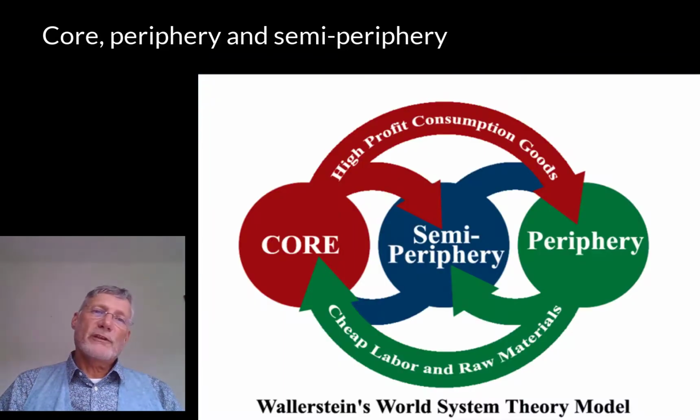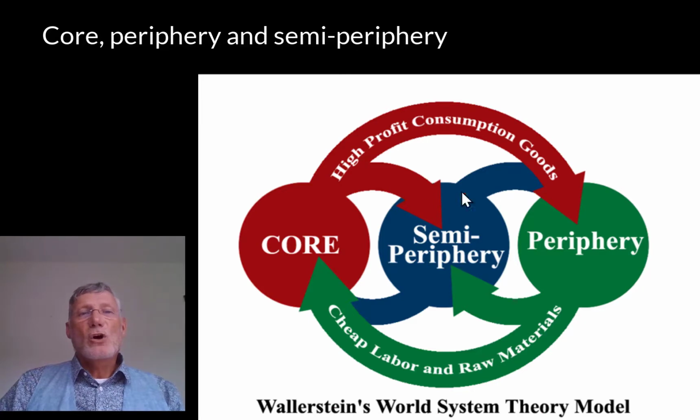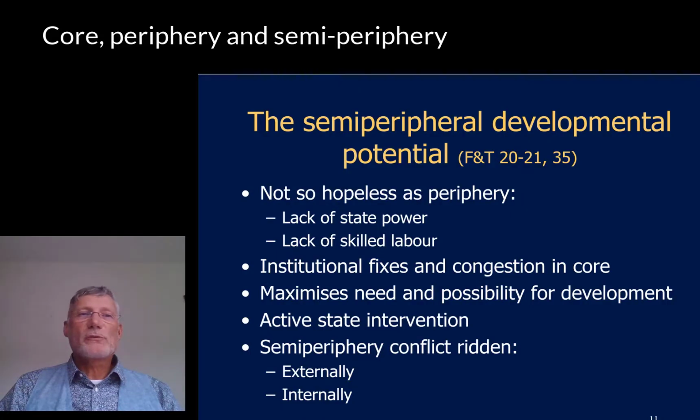So this figure also shows the core and the periphery, with the semi-periphery in between, which is a mixture of relations with the core and the periphery. The semi-periphery is the periphery to the core, but the semi-periphery is like a core to a large part of the periphery. So to summarize, you have the semi-peripheral development potential.